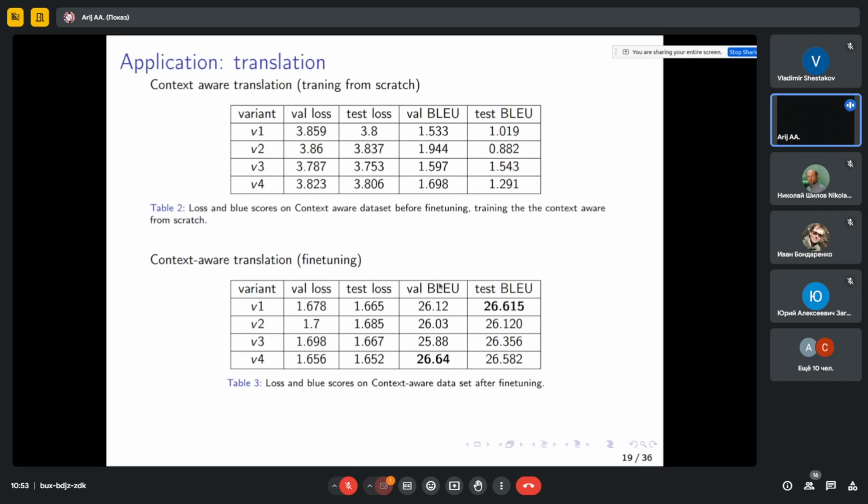While if we fine-tune, by which I mean using the same pretrained model from the previous slide on the context-agnostic dataset and training it on the context-aware dataset, the results become much better using version 4 and version 1 of the model. This is for the translation task.